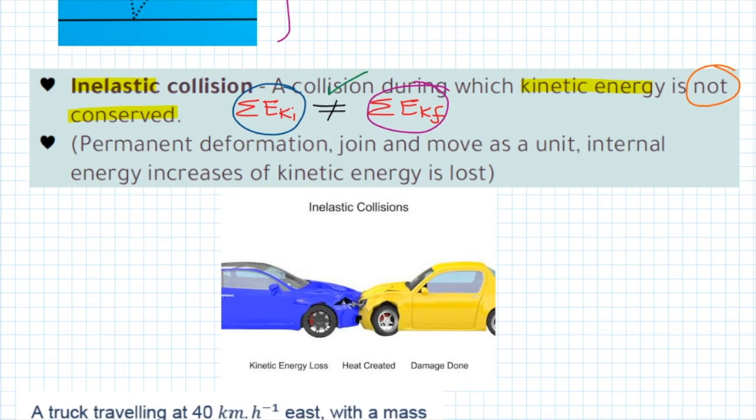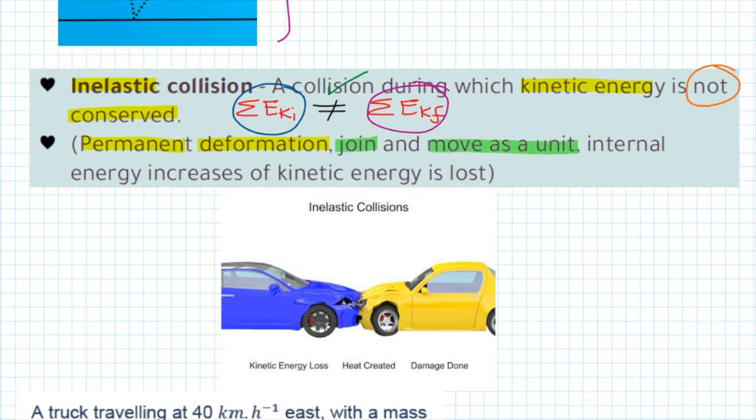Normally, when an inelastic collision takes place, there is permanent deformation. For example, in the case of two cars that bump into each other. We know that if we have a head-on collision, then the car bonnets will be damaged. We have an inelastic collision when objects join together after a collision and move as a unit.